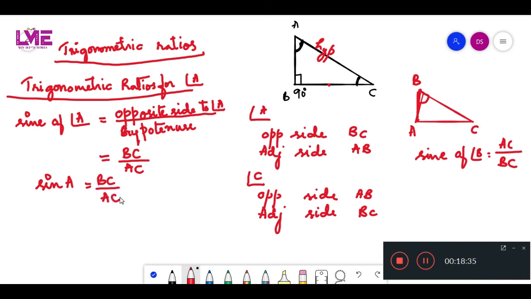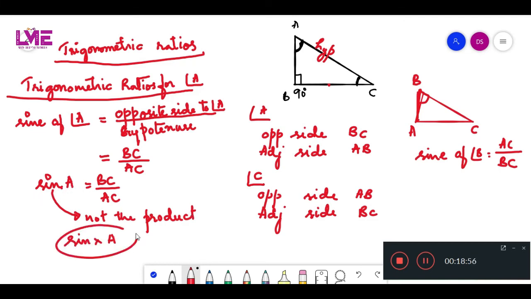Now here, when I write sine A, it is not the product of sine and A. This is wrong. It is a single word. Sine A is a single word, or you can call it sine of angle A. This is the abbreviation which is used for sine of angle A, and we'll be using only this for the calculation.